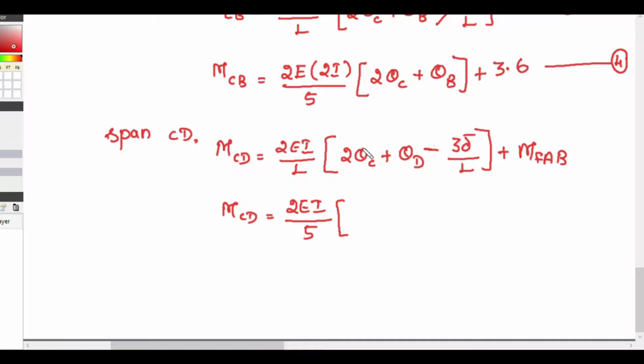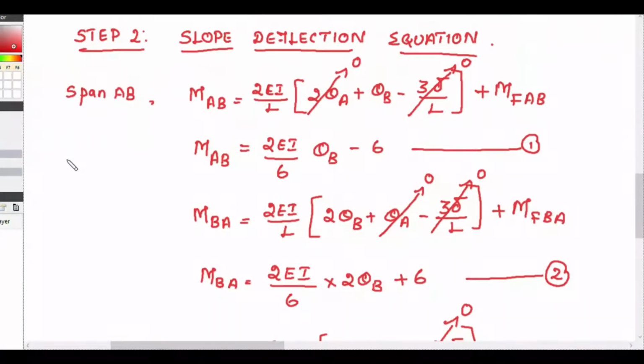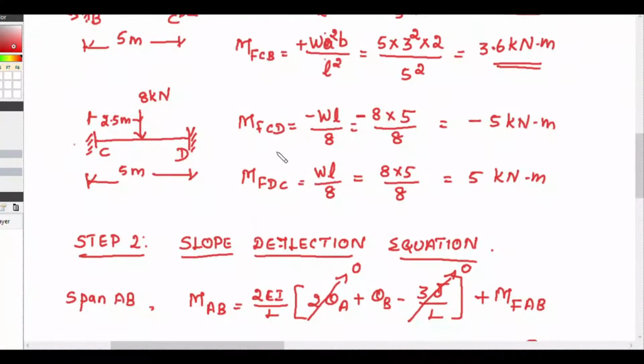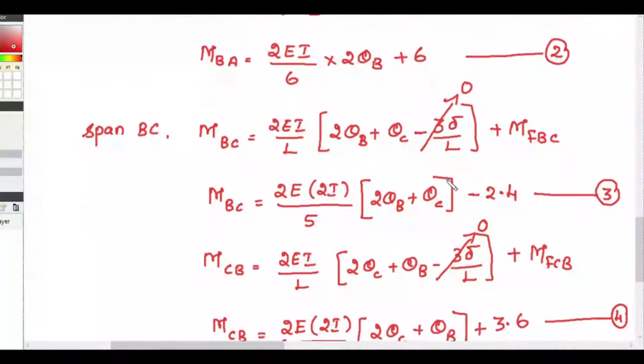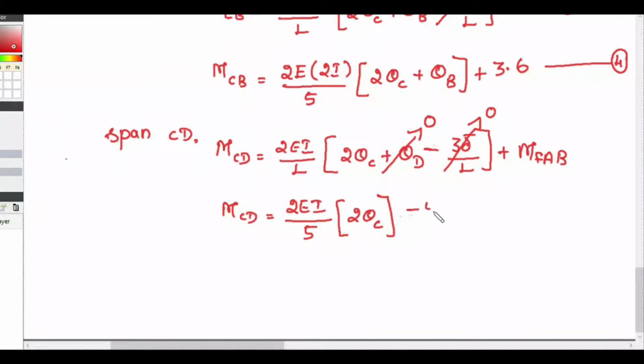Theta C is not equal to 0, so 2 theta C. Theta D, it is fixed support, so there is no rotation or slope. So theta D is equal to 0. There is no deformation. This is equal to 0. Plus MFCD is minus 5 kilonewton meter. We have already found it. MFCD is minus 5 and MFDC is plus 5. So it is minus 5. This is our equation number 5.